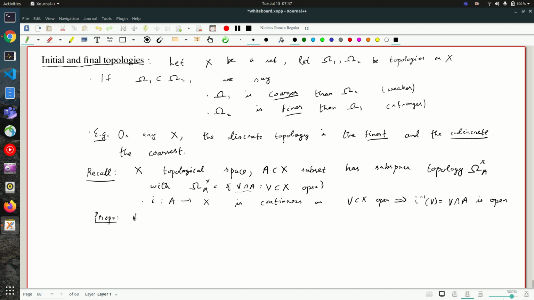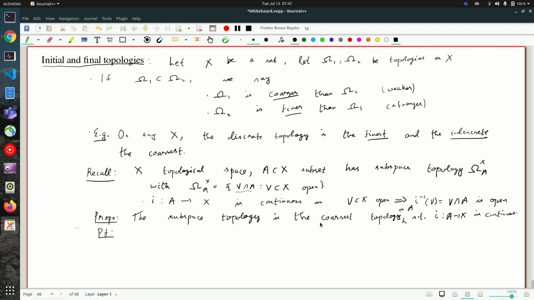So that is exactly what the following statement says. Proposition: the subspace topology is the coarsest topology on A such that i from A to X is continuous. So we have a function on A and a topology, and it's characterized by being the coarsest topology so that that function is continuous.